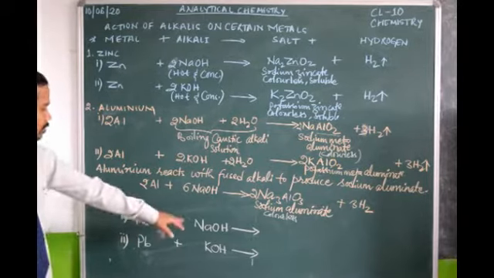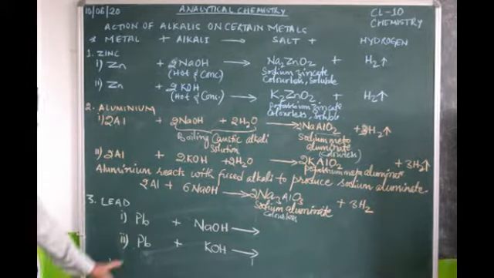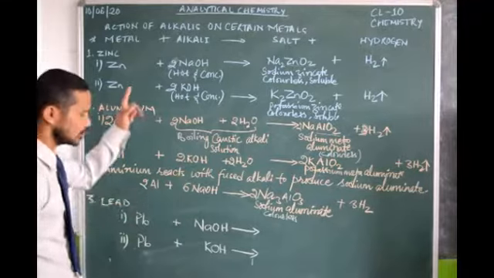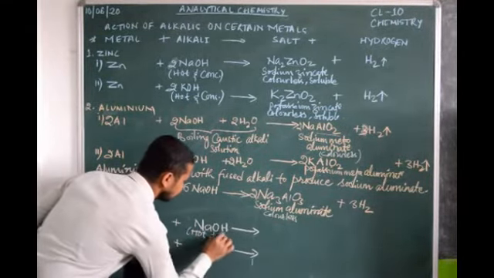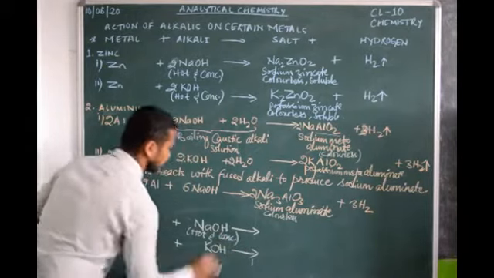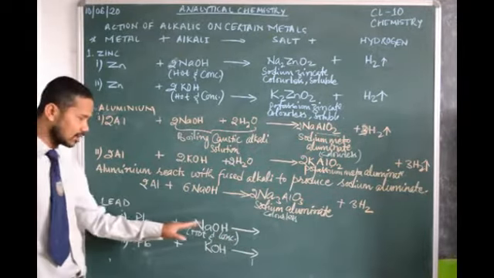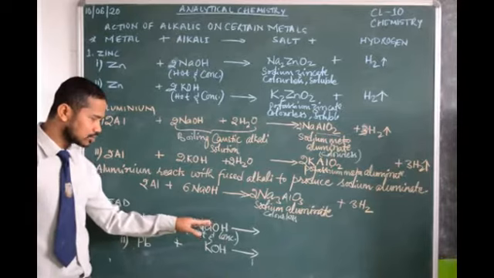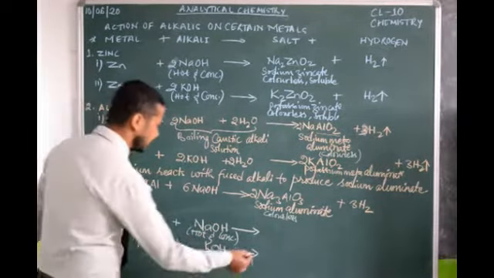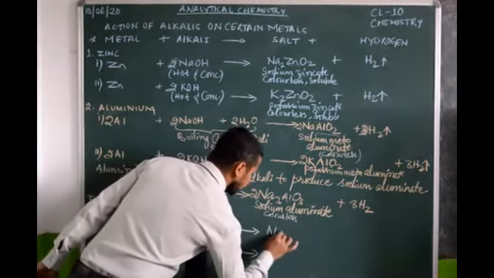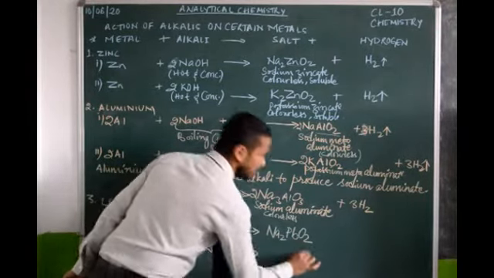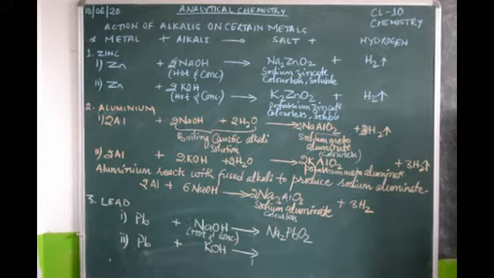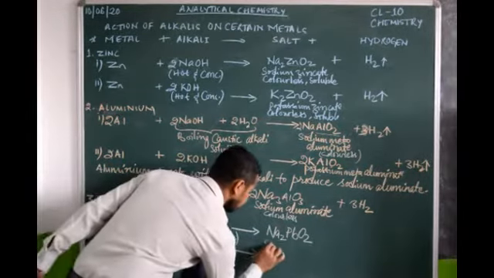Now lead plus sodium hydroxide. So what kind of sodium hydroxide? Hot and concentrated. So when lead reacts with hot and concentrated sodium hydroxide, it gives sodium plumbite. What is the name of this salt?